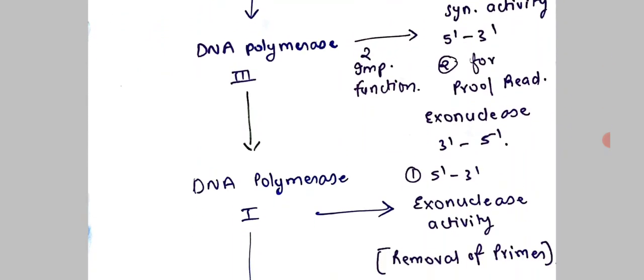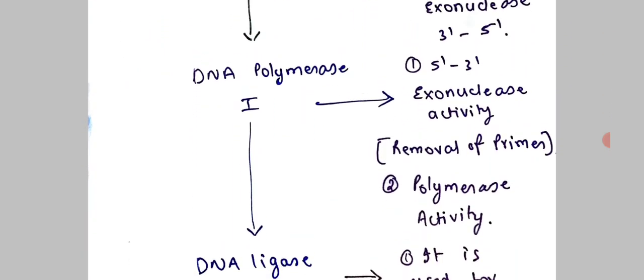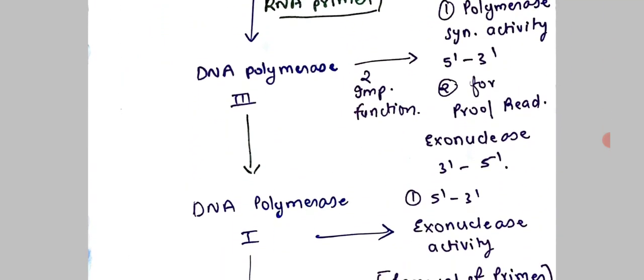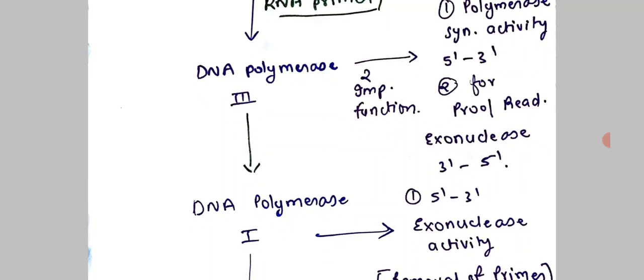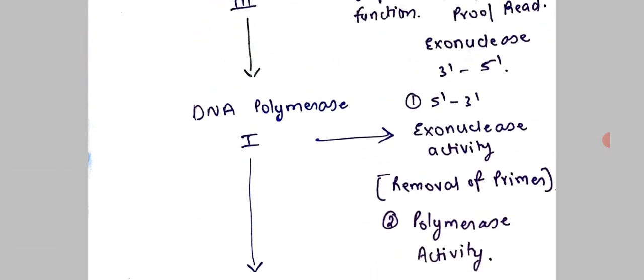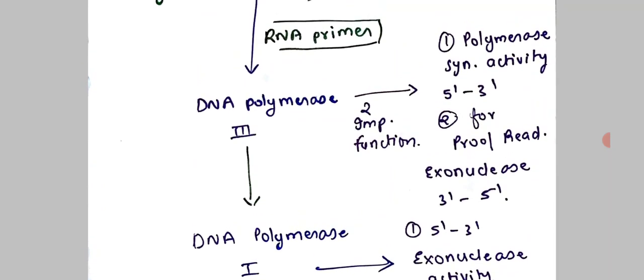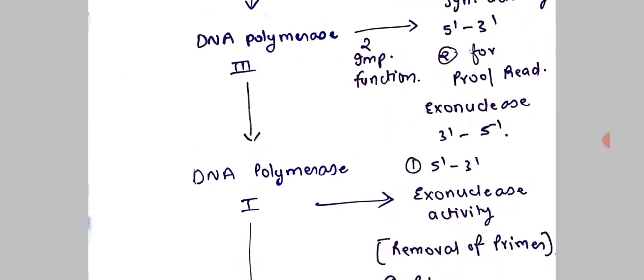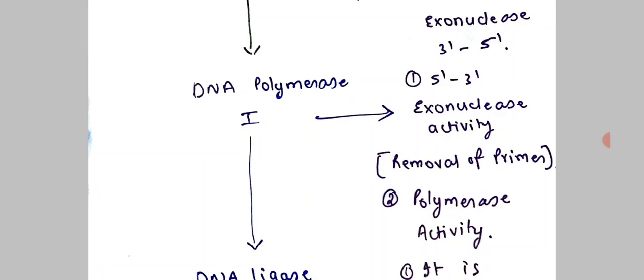Now there are three main enzymes in prokaryotes: DNA polymerase 1, DNA polymerase 3, and DNA ligase. DNA polymerase 1 has two functions: it mainly does 5' to 3' exonuclease activity, that is the removal of the primer, and the polymerase activity as well.